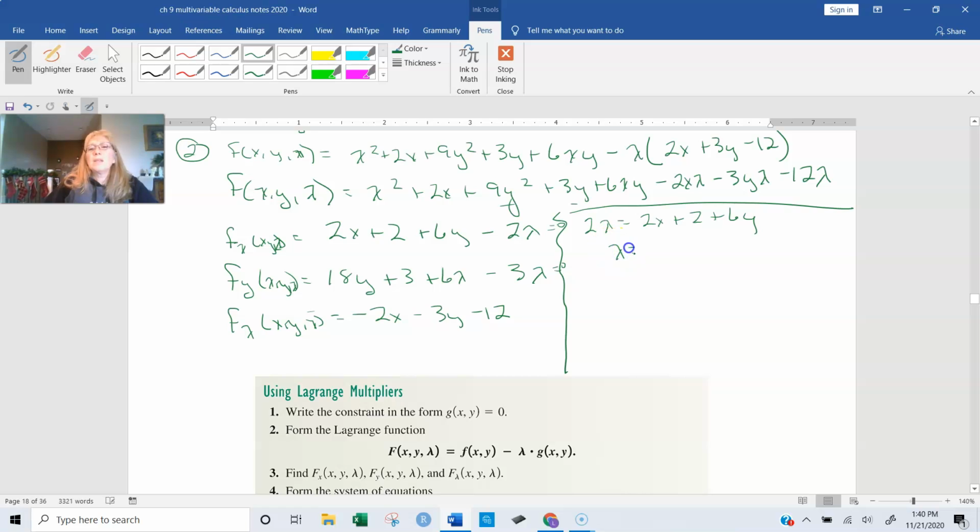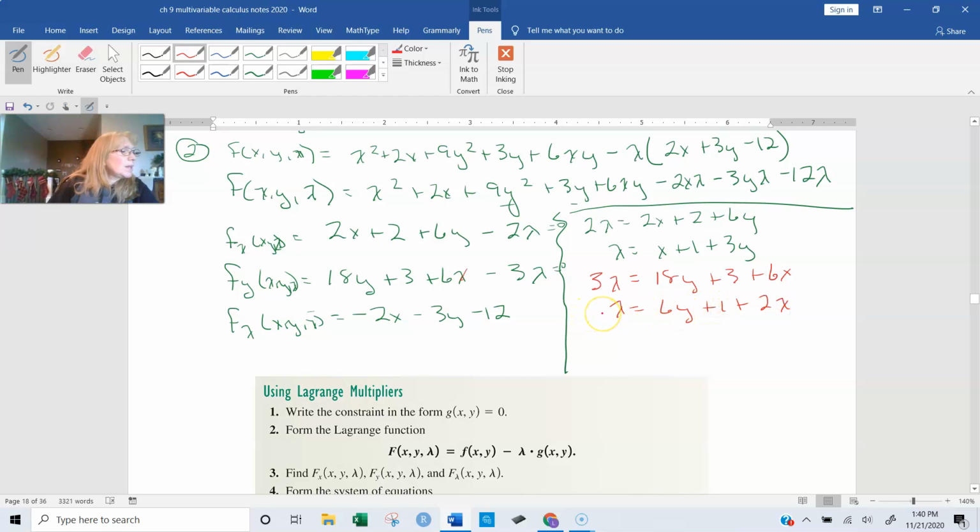So lambda is equal to x plus 1 plus 3y. All right, now let's do the other one. So 3 lambda is equal to 18y plus 3 plus 6x, divide by 3. So lambda is equal to 6y plus 1 plus 2x.